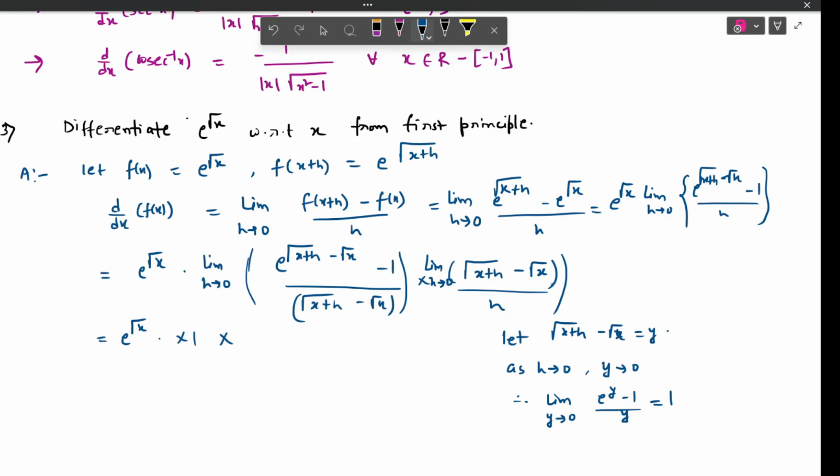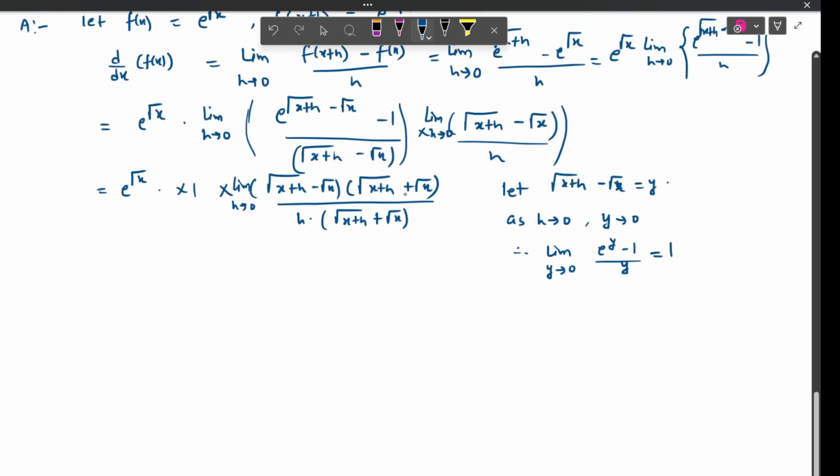If we rationalize, then it would be limit h tends to 0, root of x plus h minus root of x, times root of x plus h plus root of x, by h into root of x plus h plus root of x.